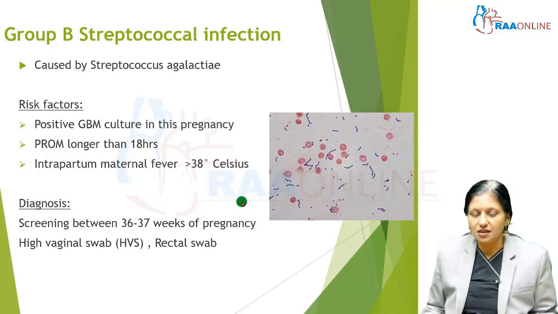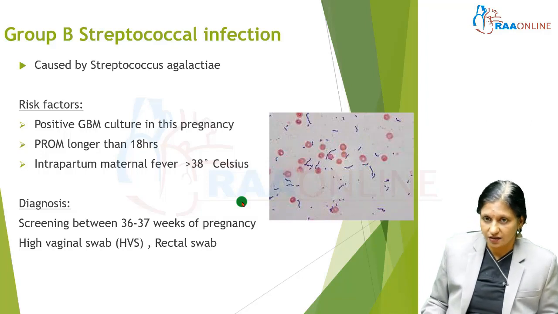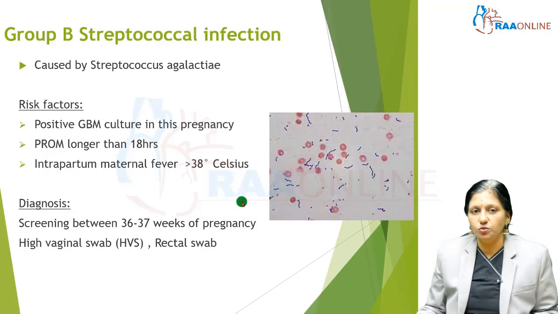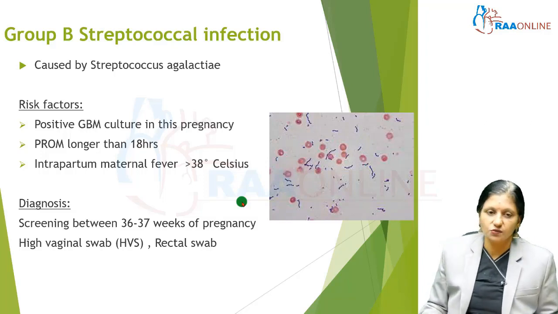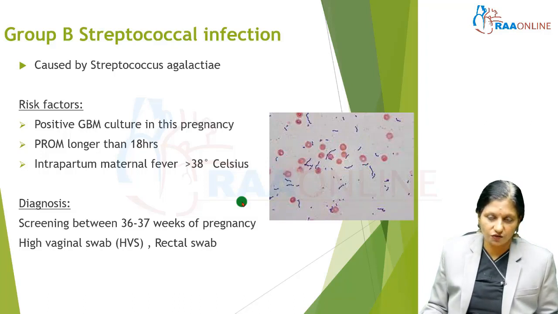The diagnosis is usually done by screening between 36 to 37 weeks of pregnancy, and for GBS we need a rectal swab and a high vaginal swab. This is also a question asked in the exam: what swab do we use for GBS? We use a rectal swab and a high vaginal swab, and we do the screening between 36 and 37 weeks of pregnancy. And GBS predisposes to intrapartum fevers, PROM and preterm labor.